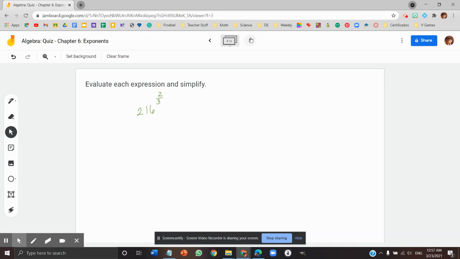Again, I can split that multiplication. I know that 2 over 3 is the same thing as 2 times a third. So I can do the same thing with that exponent. It's going to be 216 to the 2 times 1/3.